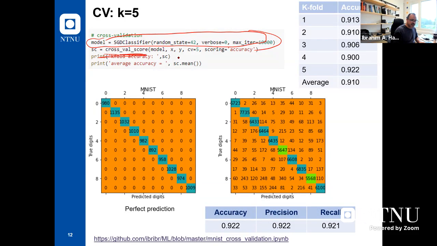So we will run this model for 5 folds, for example, for k folds, and the scoring will be accuracy. So it will run it for all my k folds, and for each k fold, we will get some accuracy. For k equal 1, we will get this accuracy. For k equal 2, we will get this one. So each one will have some kind of accuracy, and finally, we will get the average accuracy. So the average accuracy will be 91%.